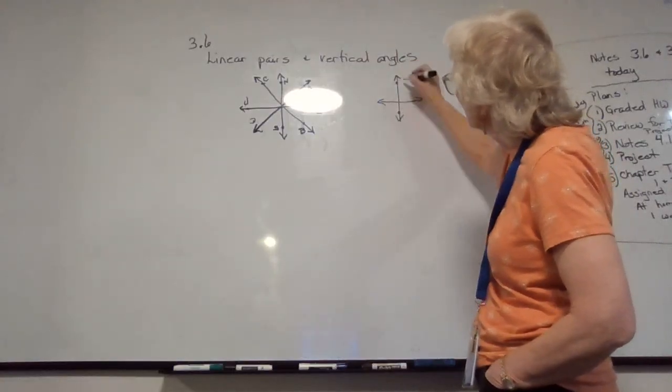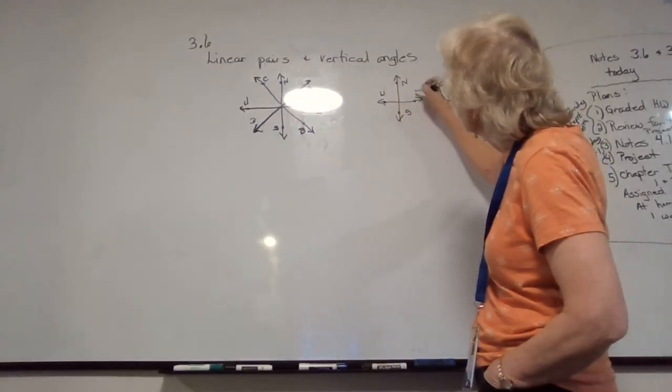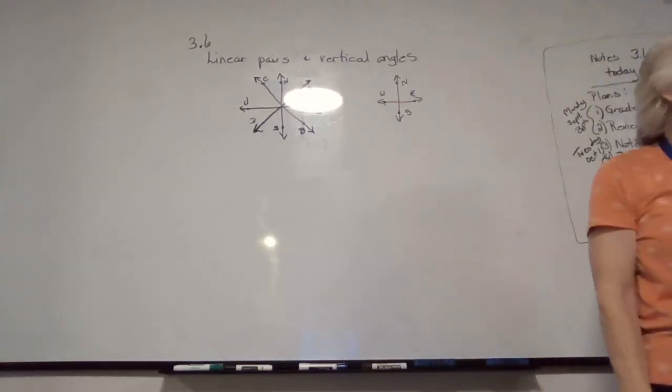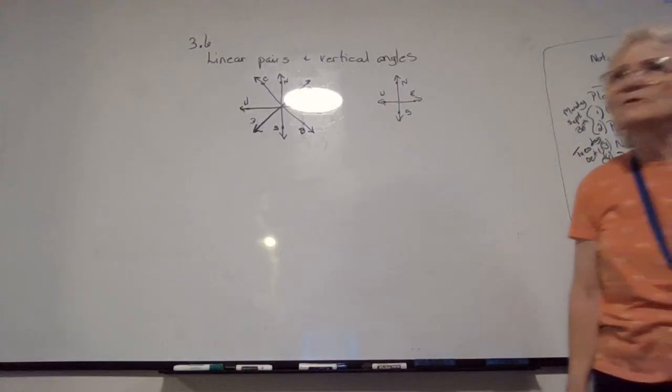What kind of triangles are formed right there? Right, they're right triangles. All of these are right triangles.